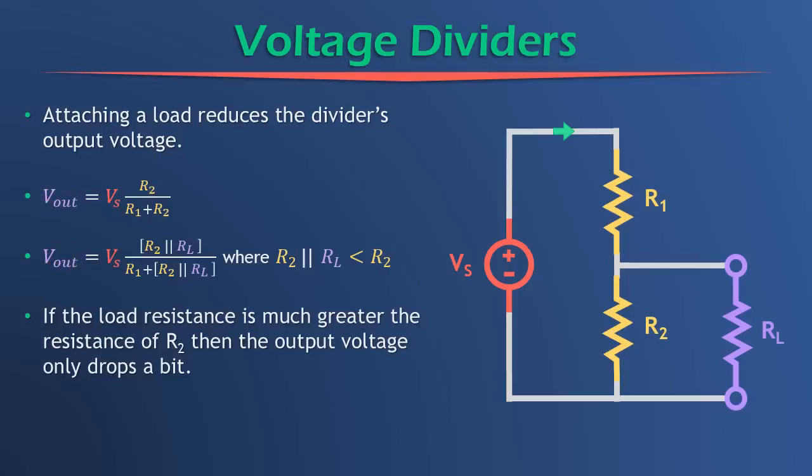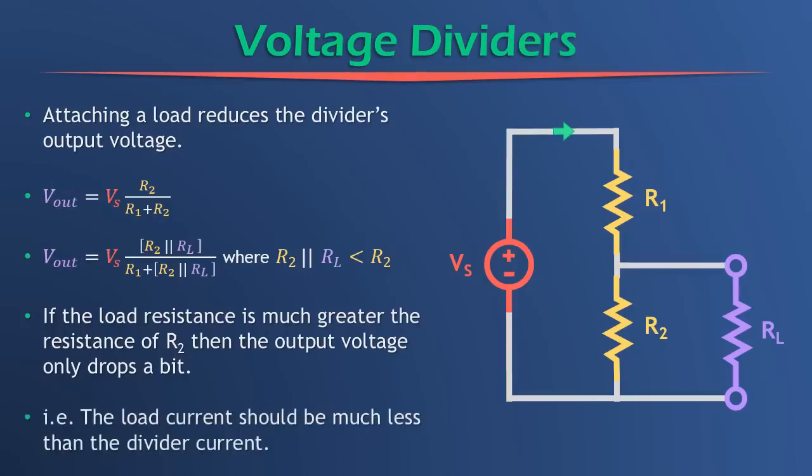Another way to think about this is that the load current, the current through RL, should be much less than the current through the divider, the current through R1 and R2.